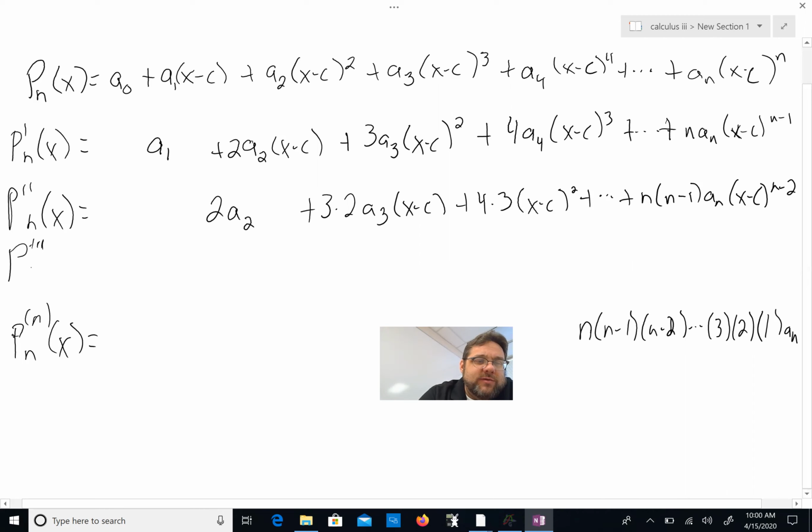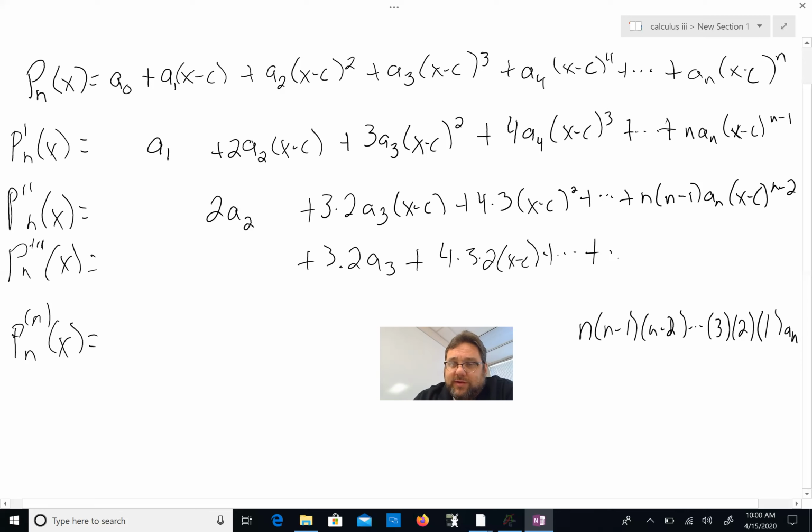P third derivative sub n of x is going to be, well, the derivative of 2a2 is going to be 0, plus 3 times 2a3, plus 4 times 3 times 2 times x minus c, plus n times n minus 1 times n minus 2 times a sub n times x minus c to the n minus 3.